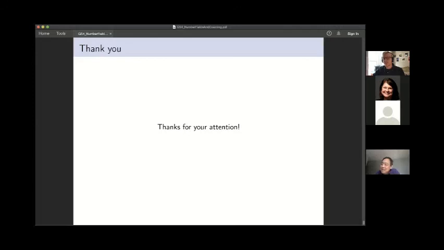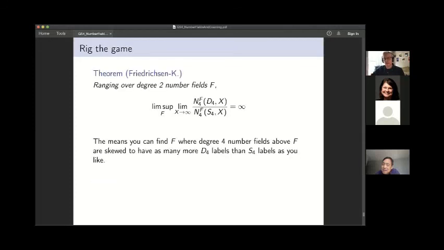Yeah, we actually have a result which works for base fields of any degree, and gives bounds on this ratio. But in order to give them, we need to assume the generalized Riemann hypothesis. Okay. Which is true, but yeah, reviewers don't like that.